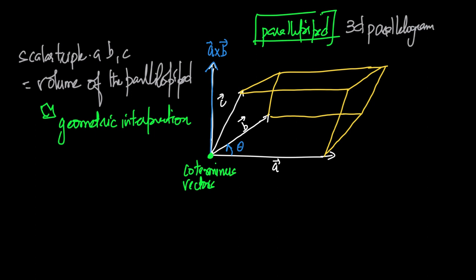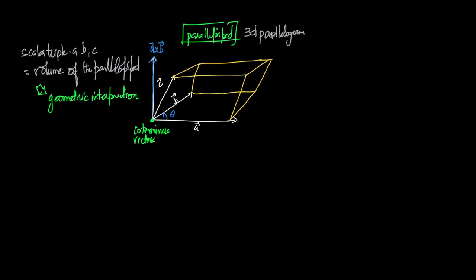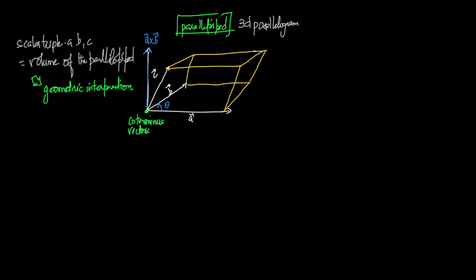One more thing I wanted you to understand, which is of significance since the question is based on that, is that scalar triple product can be used to check coplanarity of vectors.